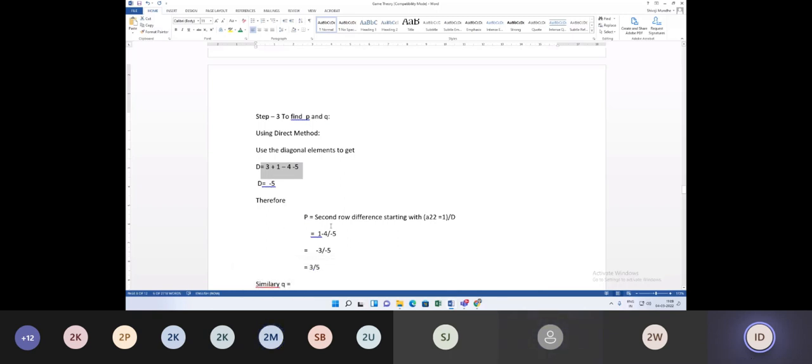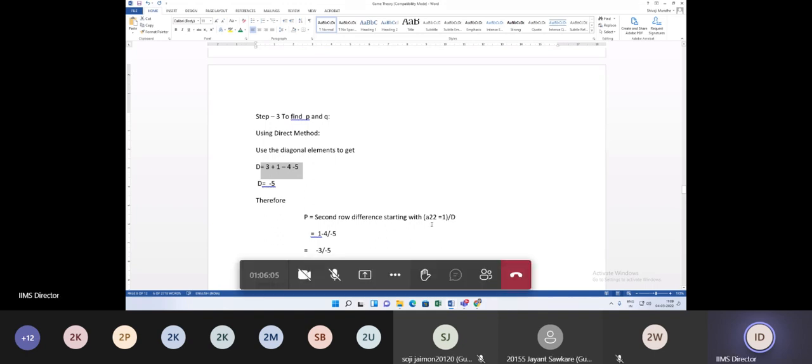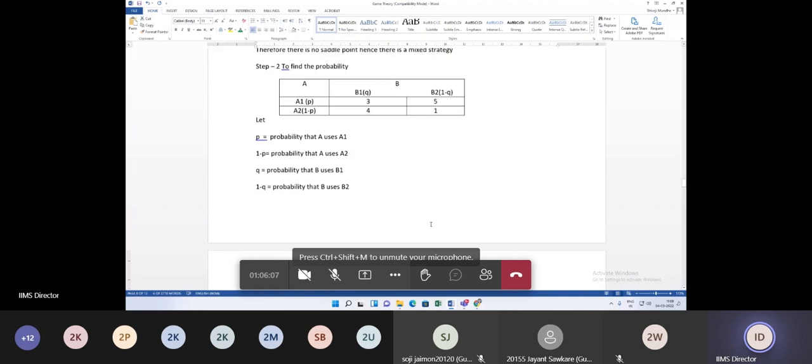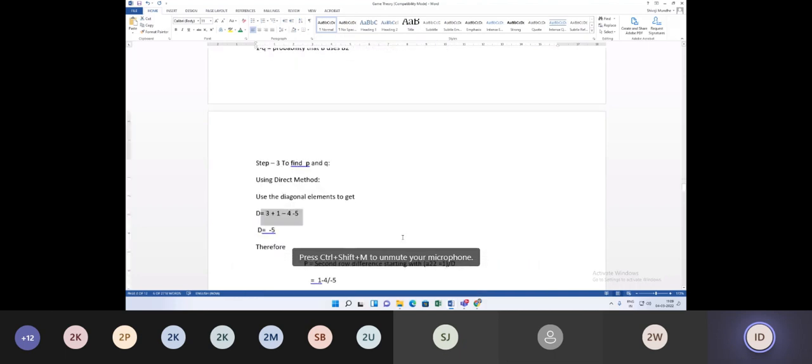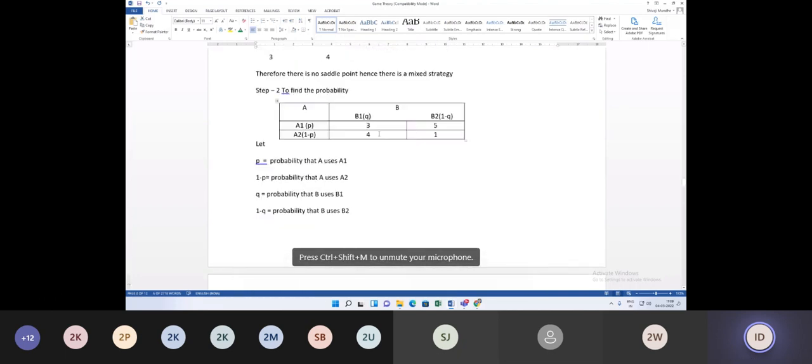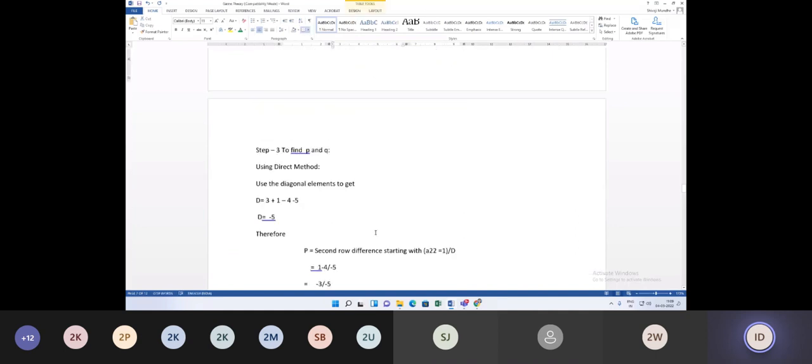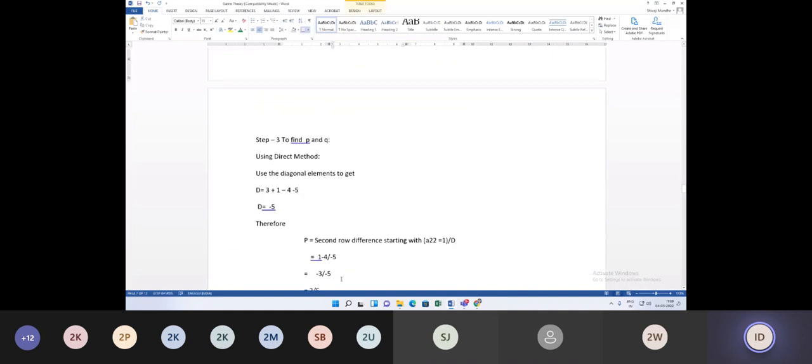Therefore P is equal to, how it is work out? P is equal to second row difference starting with A22 is equal to 1. Second row difference means this difference. Difference we have to take.